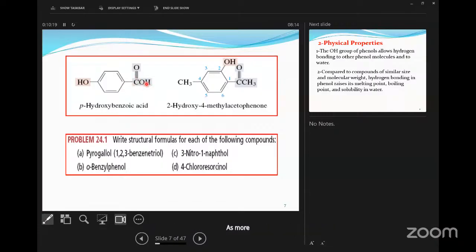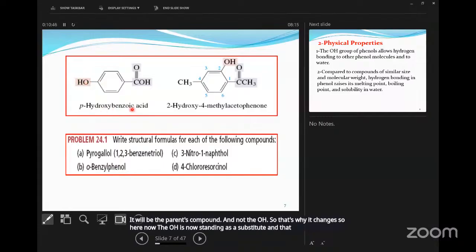When we rank functional groups in order of priority, you already know how we rank them: alkane, alkene, alkyl, alcohol, aldehyde, ketone, carboxylic acid. So carboxylic acid, if it is on a benzene ring, will be the parent compound and not the OH. So that's why it changes. Here the OH is now standing as a substituent. That's why it is p-hydroxybenzoic acid.